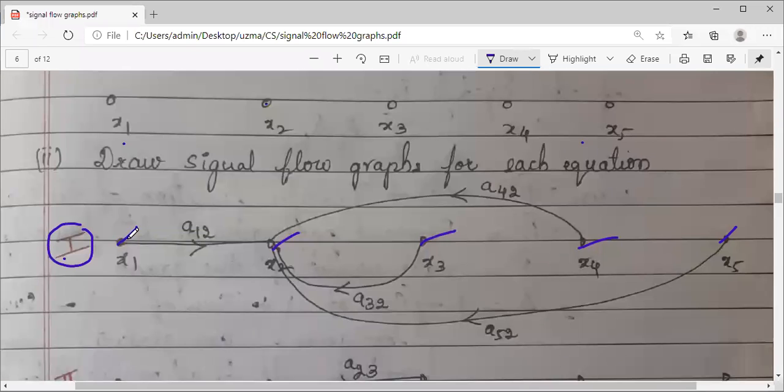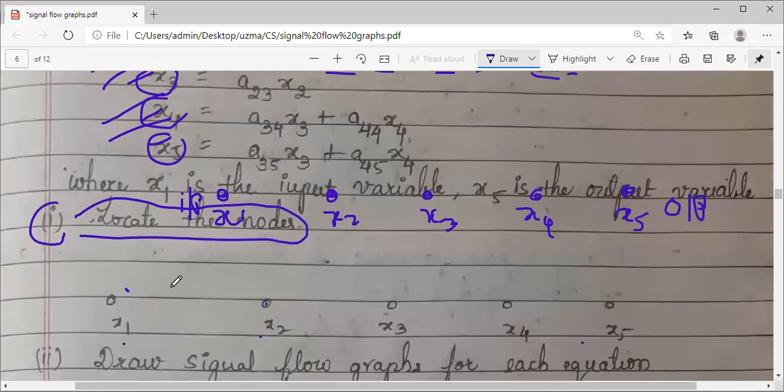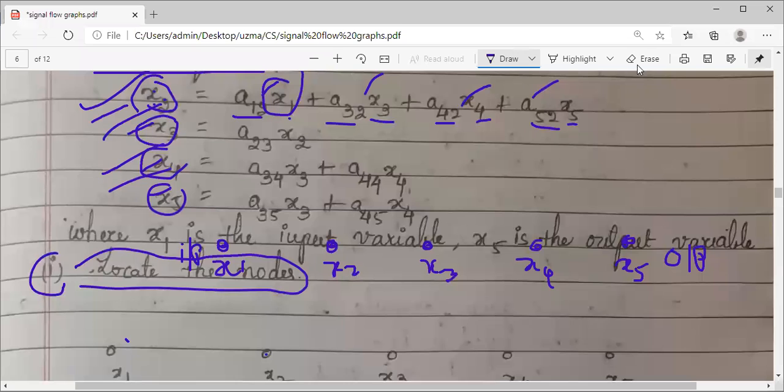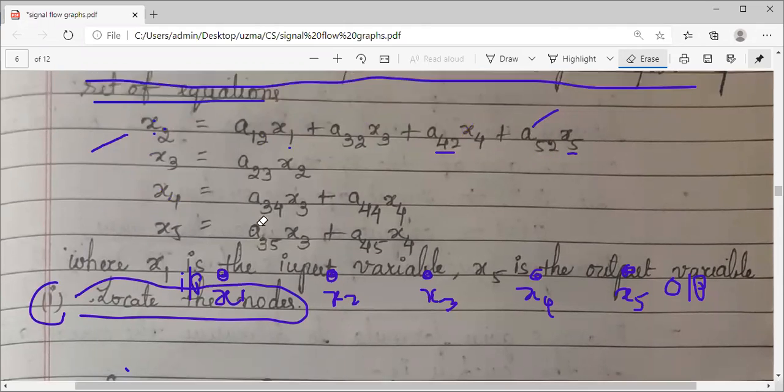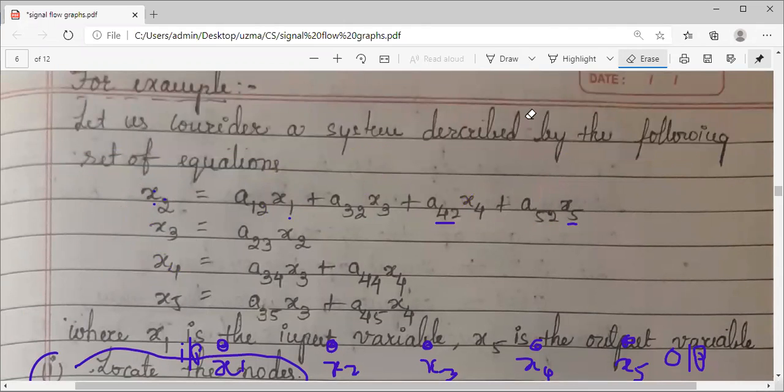Okay. So now let me go for these bubbles that are indicating the nodes. Now the next step is, take the first equation. You have to draw the signal flow graph for each equation. So for the first equation, I'm drawing. Observe, there is one node, 2 node, 3 node, and 4 node. So you have got 4 different nodes.